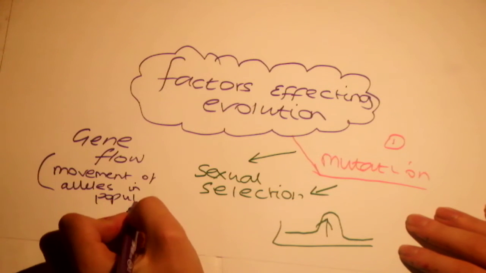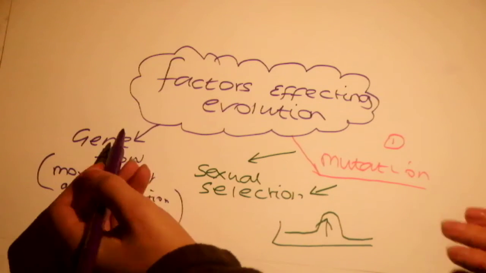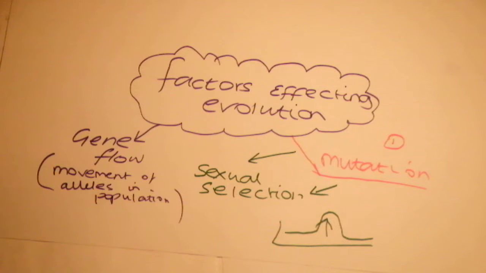So refer this back to, say, humans. We've got quite a gene flow at the moment. We have a gene flow with immigration. So we have immigrants coming in, and we have movement of our alleles crossing over with the alleles and genes from the immigrants. So that is gene flow.